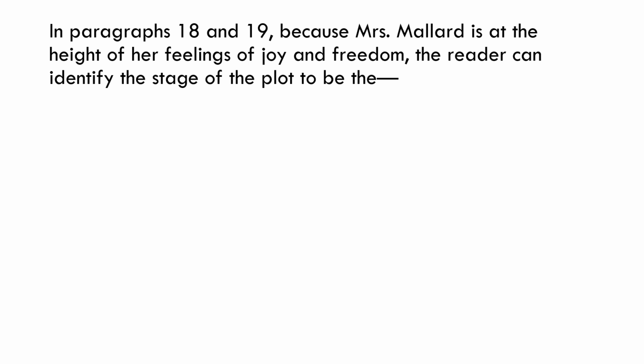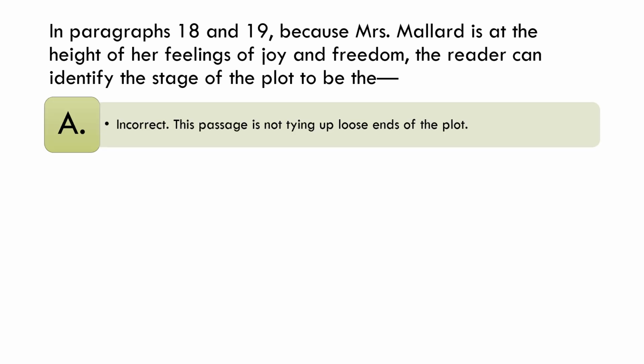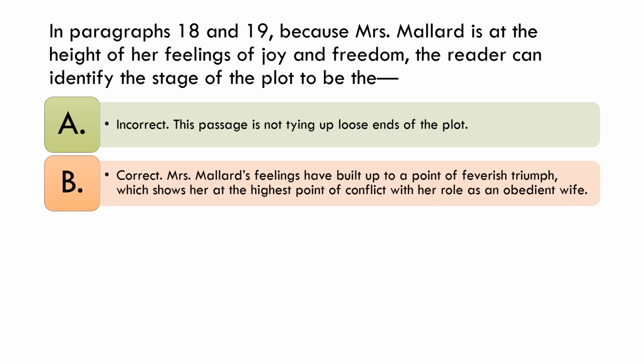In paragraphs 18 and 19, because Mrs. Mallard is at the height of her feelings of joy and freedom, the reader can identify the stage of the plot to be the: A is incorrect. This passage is not tying up loose ends of the plot. B, correct. Mrs. Mallard's feelings have built up to a point of feverish triumph, which shows her at the highest point of conflict with her role as an obedient wife.